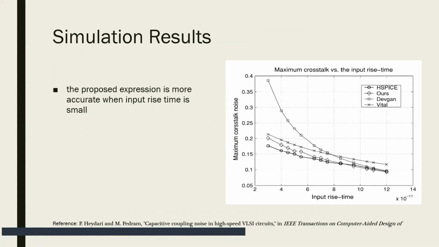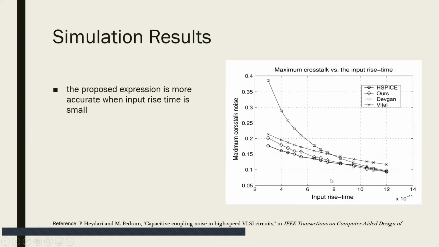And then the simulation results show that the diamond shaped curve proposed by the new method is closer to the true HSPICE simulation, while Devgan's model is far away from the result when the input rise time is low.